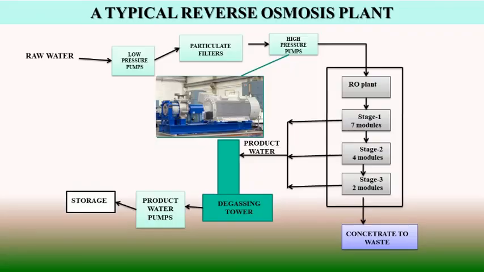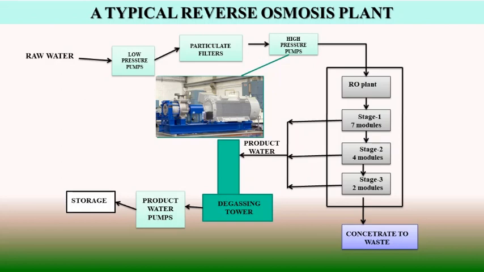This is a typical RO plant layout. Here we find the high pressure pump, then we have different stages of modules.